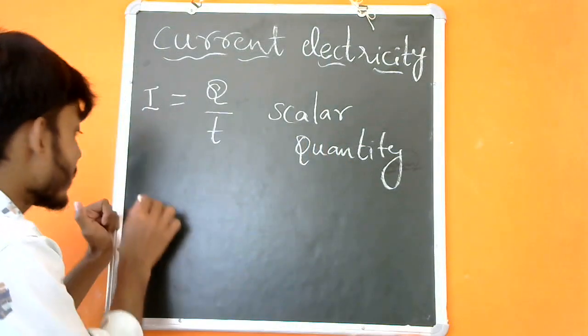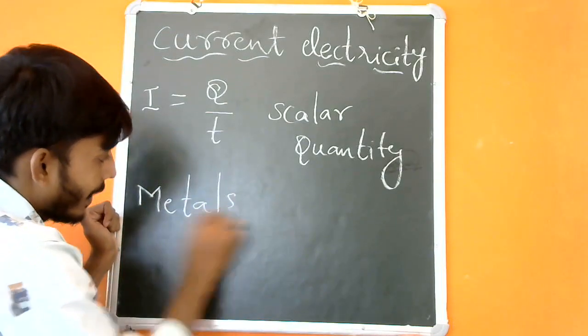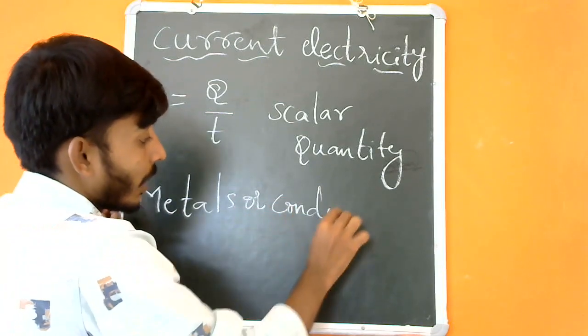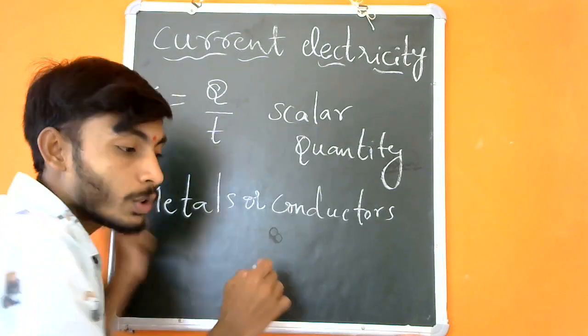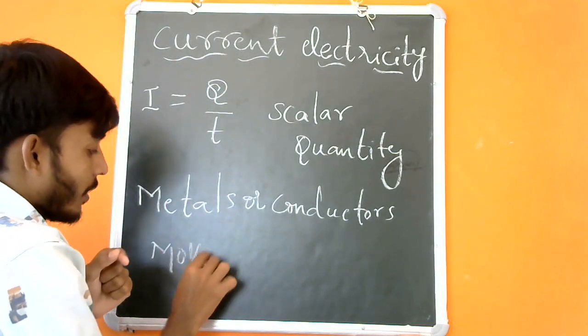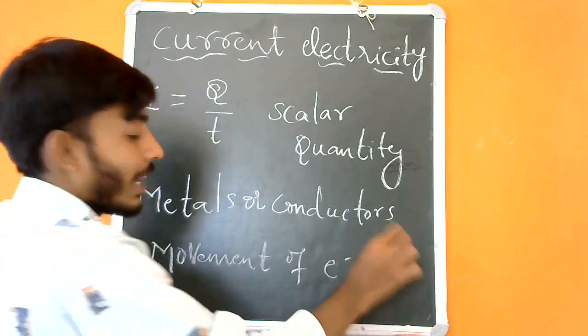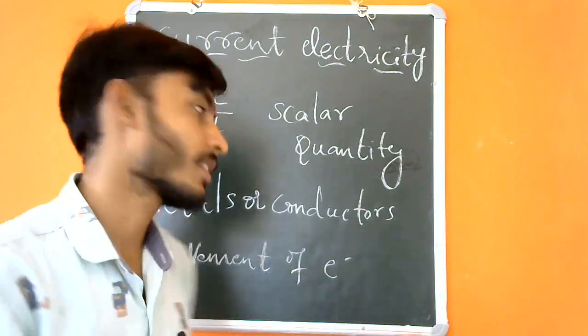In metals or conductors, current is due to the movement of electrons.